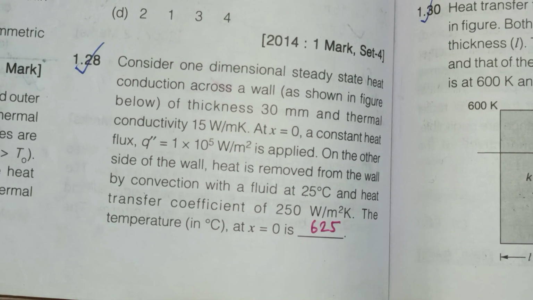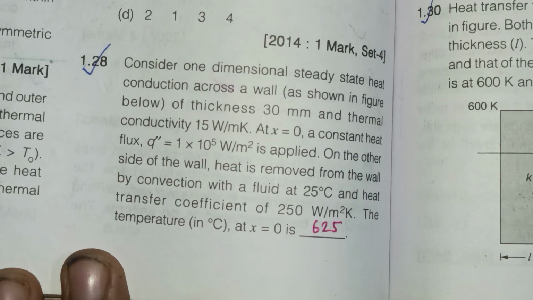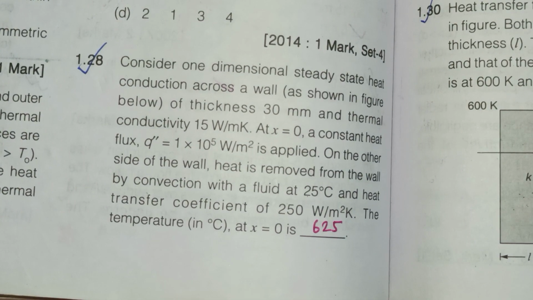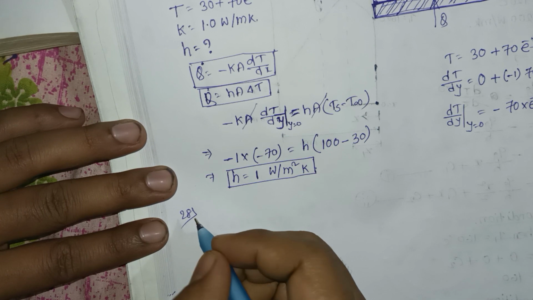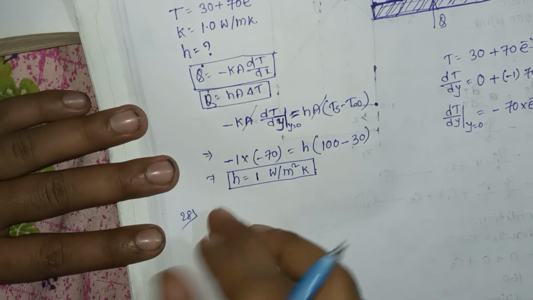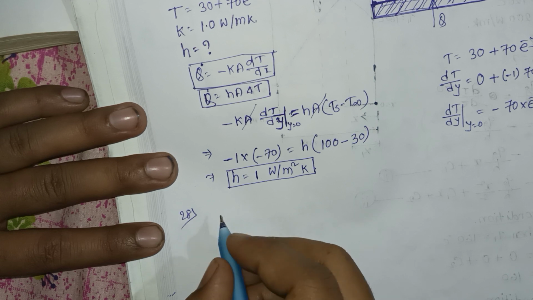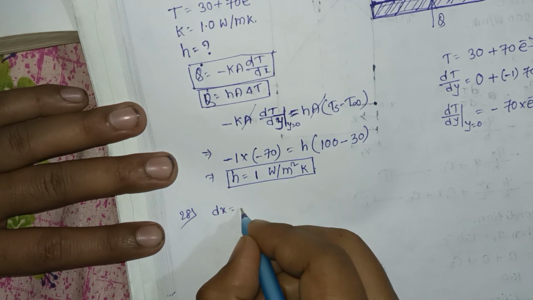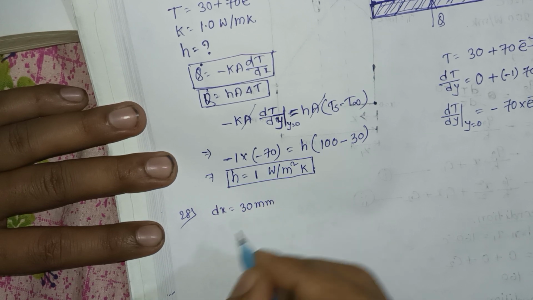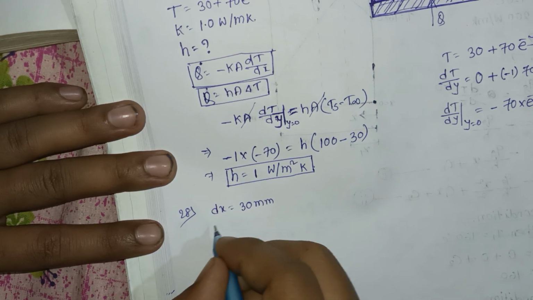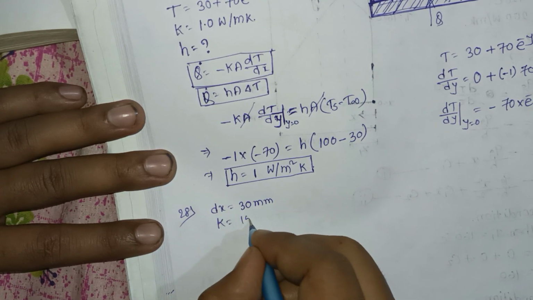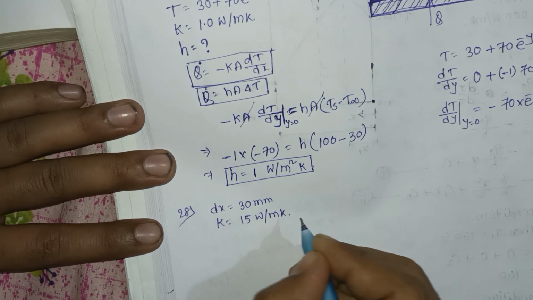Okay, now here in question number 28, what is given in this question? You have to find out what is given. In this question number 28, consider one dimensional steady state heat conduction across a wall as shown in the figure. Thickness dx is given, that is 30 millimeter. Thermal conductivity k is 15 watt per meter Kelvin.